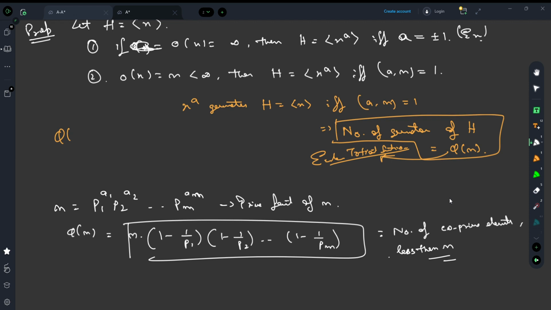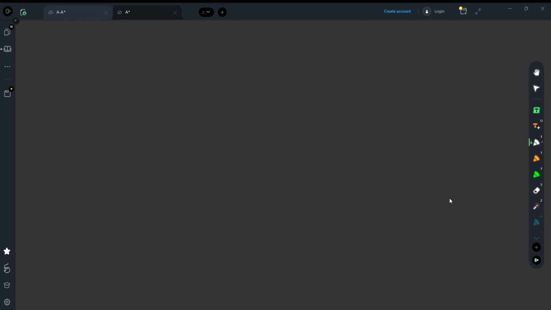The next important proposition for cyclic groups, and this will be the last proposition of our discussion in cyclic groups, is the following. I don't want to write it as a proposition because it is a much stronger statement. So let me write it as a theorem. The theorem says that let H be the cyclic group generated by x.